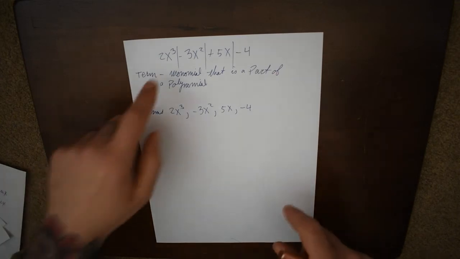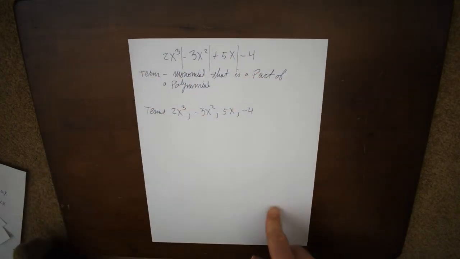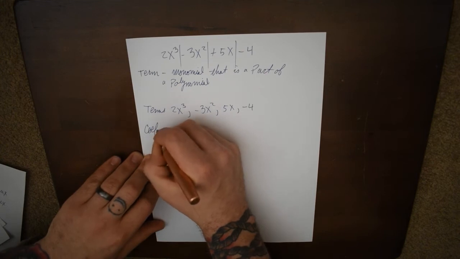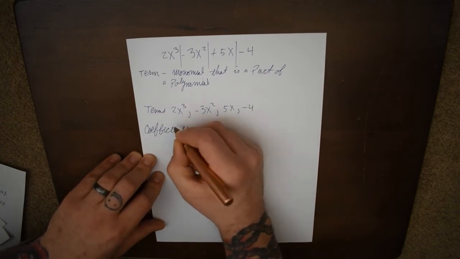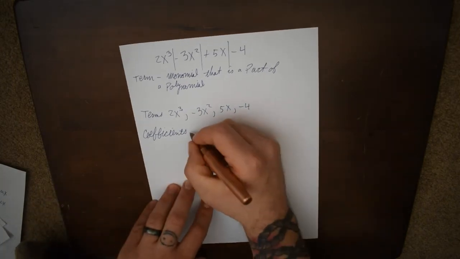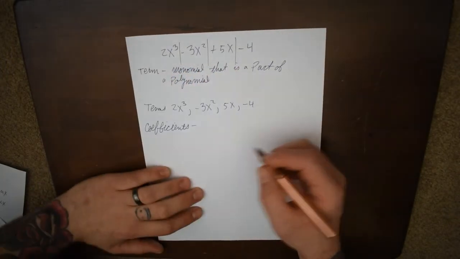I always think of polynomials as molecules, and terms are kind of like the elements of the molecule. The next vocab word is coefficients. Coefficients are the numbers in front of our terms.